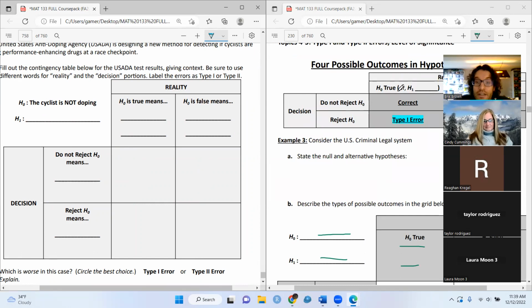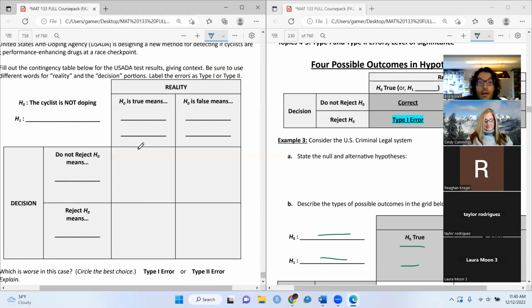Well, if we make the correct decision here, what does that mean we're saying? If we do not reject H0, and that is the correct decision, what does not rejecting H0 mean we're claiming? That the cyclist is doping or not. It's one of those two, you're right. So when you're not rejecting H0, you're essentially claiming H0 is true.